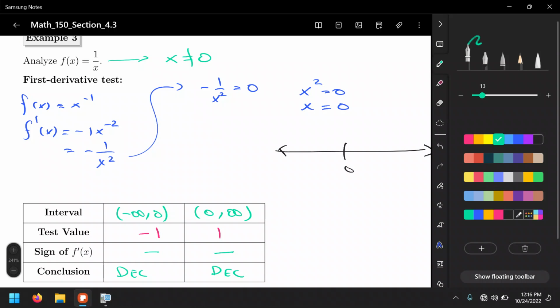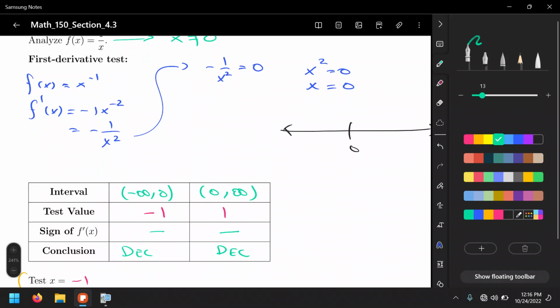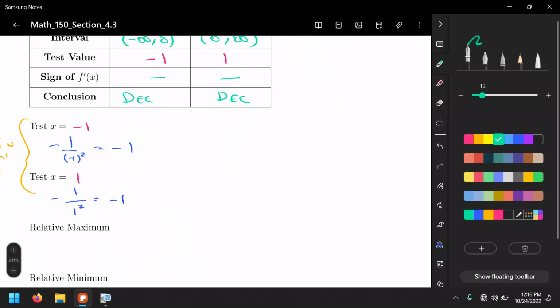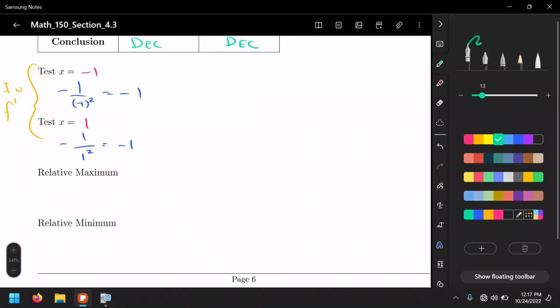Nevertheless, we can still analyze the function, check the end behavior of the function before and after that number that is excluded from the domain. So what do we have? Relative maximum, relative minimum: not applicable, none of those. We don't have anything, just intervals where it only decreases.